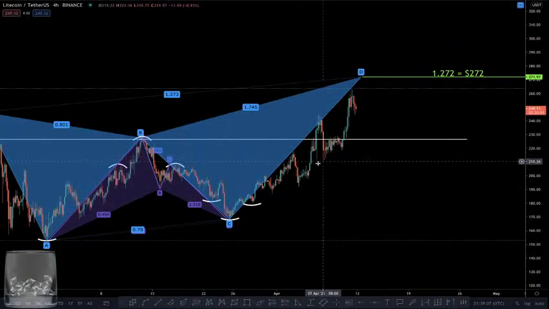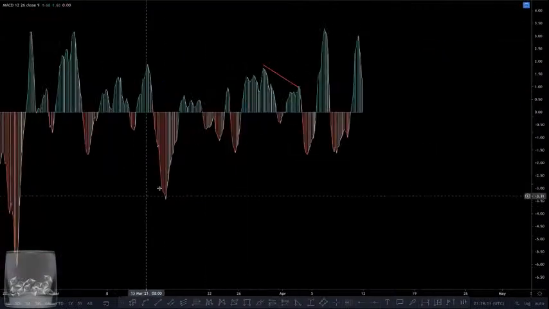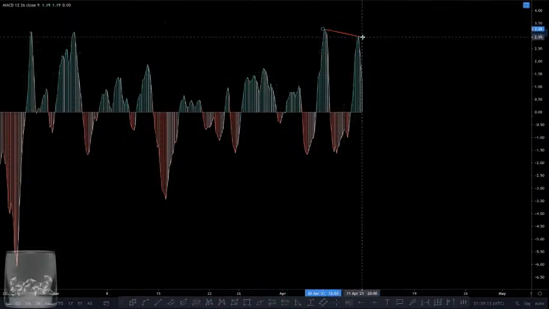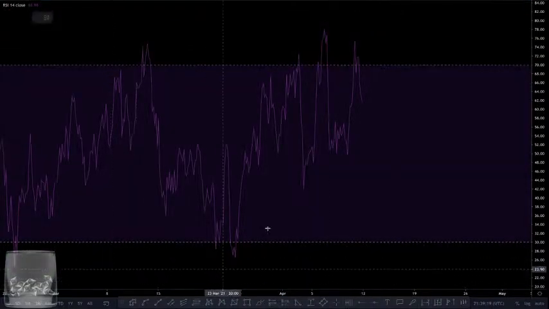No divergence really yet. Actually, it is starting to. I take that back. I was looking at the bottom side for the bullish argument, but the bears are starting to get a little hungry here.